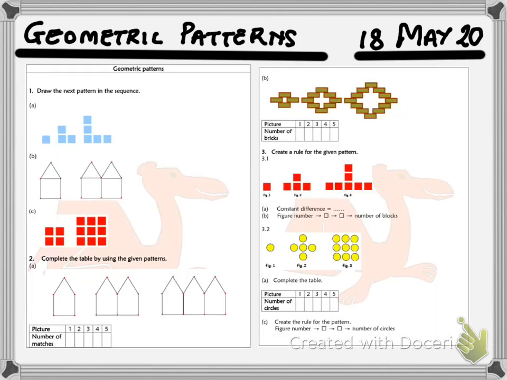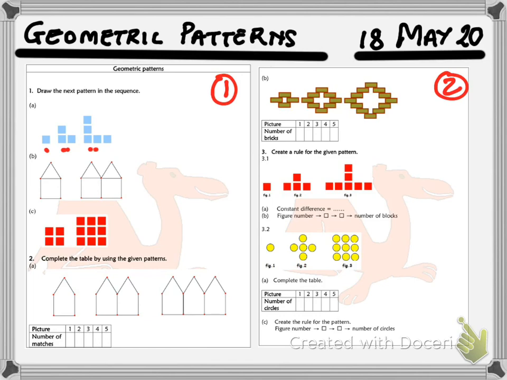All right, so I've given you an activity here. There's 2 pages. So page 1, activity 1, page 2, activity 2. So you're just going to answer the questions here. So for example, the first one there, it says that you need to draw the next pattern in the sequence. As you can see here, you have the first one there, and then the second one there, then the third figure there.